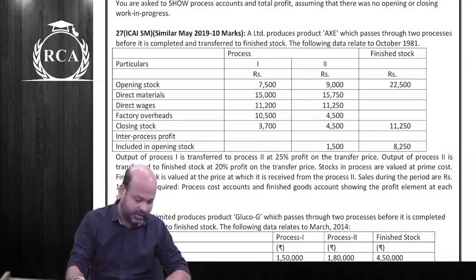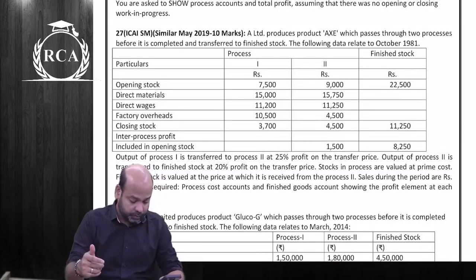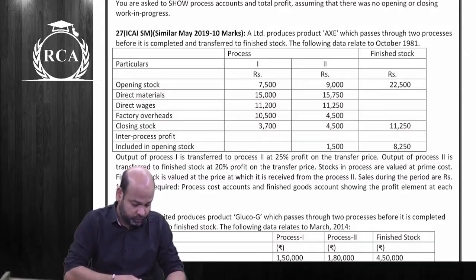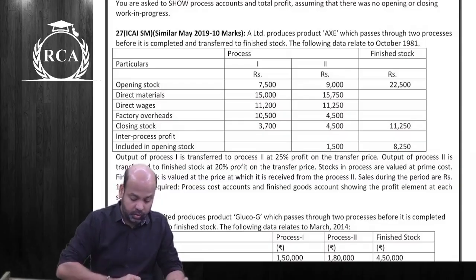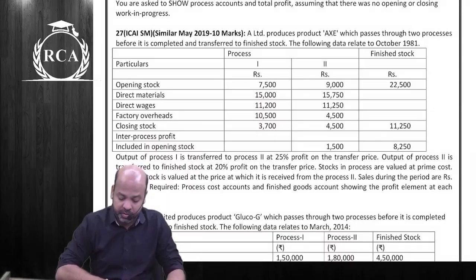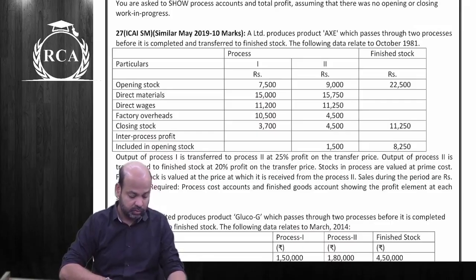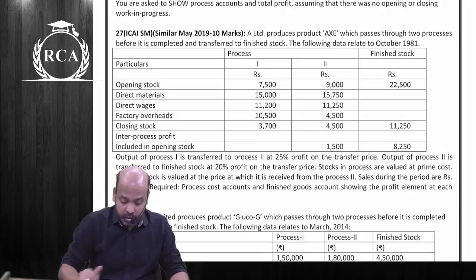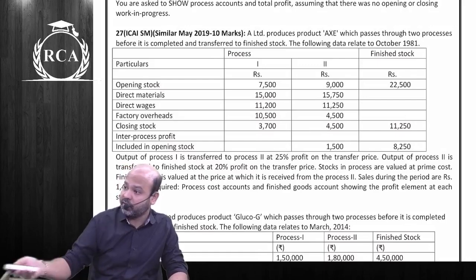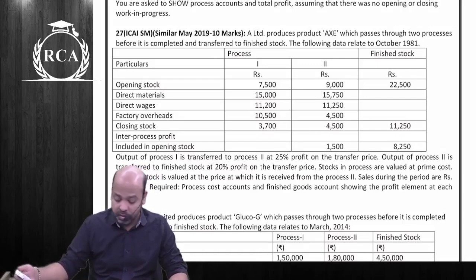Look at question number 27. A Limited produces product X which passes through 2 processes before it is completed and transferred to finished stock. The following data is available, relating to October 1981.